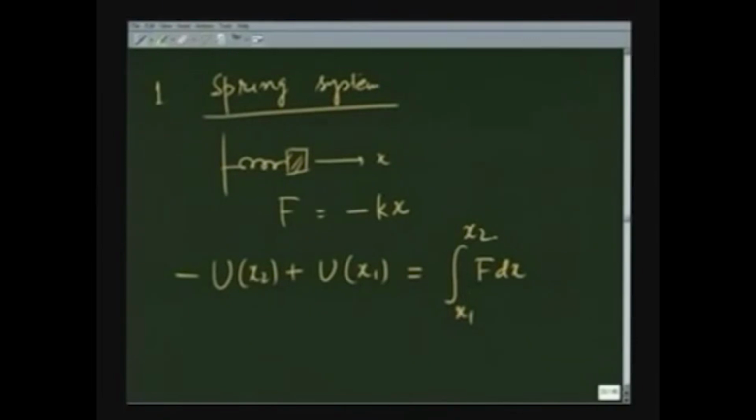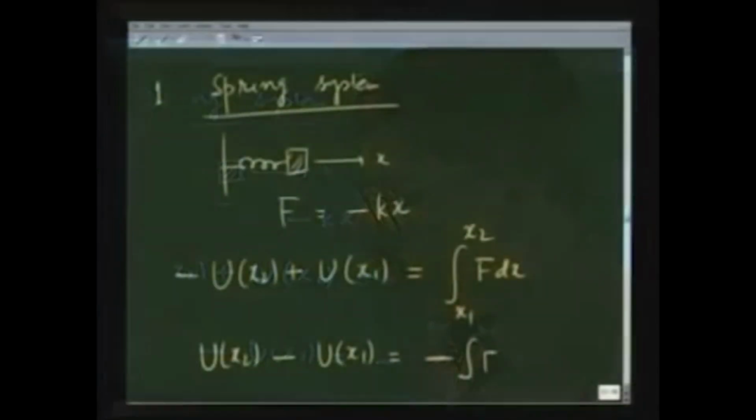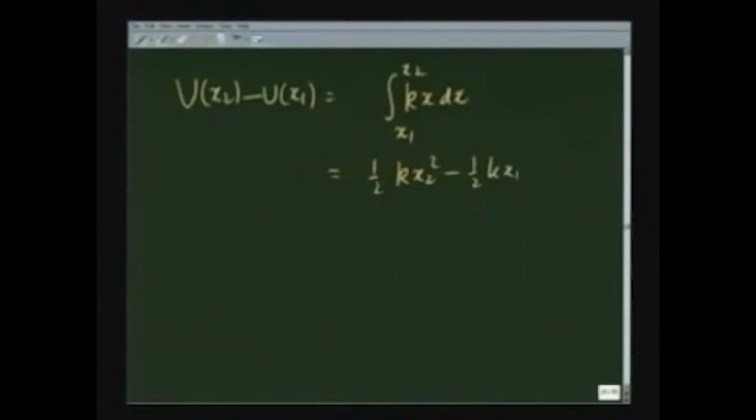According to our interpretation, the difference in the potential energy from point 1 to point 2 is calculated with the force applied by me. So, with a minus sign, U(x2) minus U(x1) is equal to the integral of kx dx from x1 to x2, which is equal to half k x2 squared minus half k x1 squared, the formula you are well familiar with.